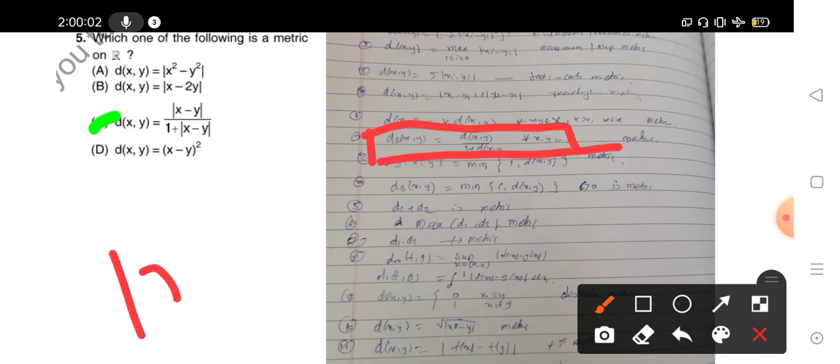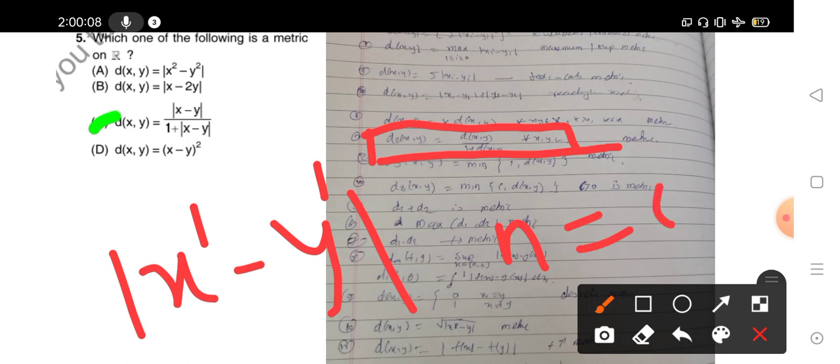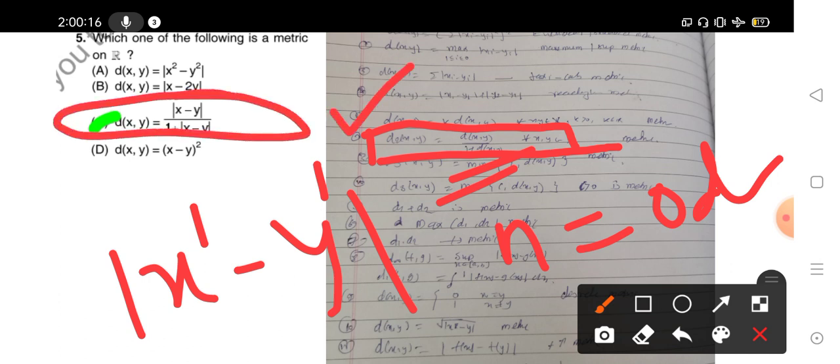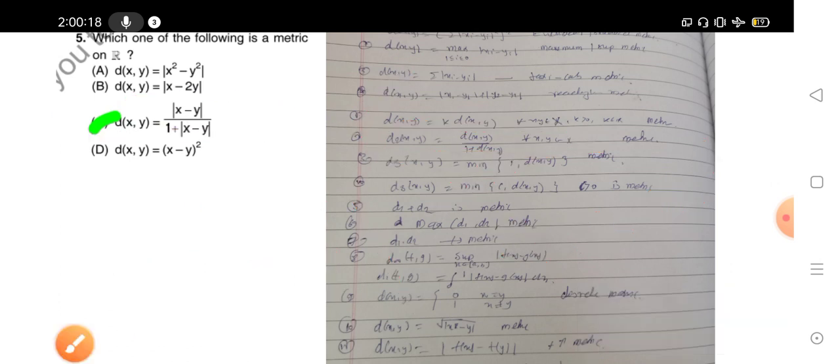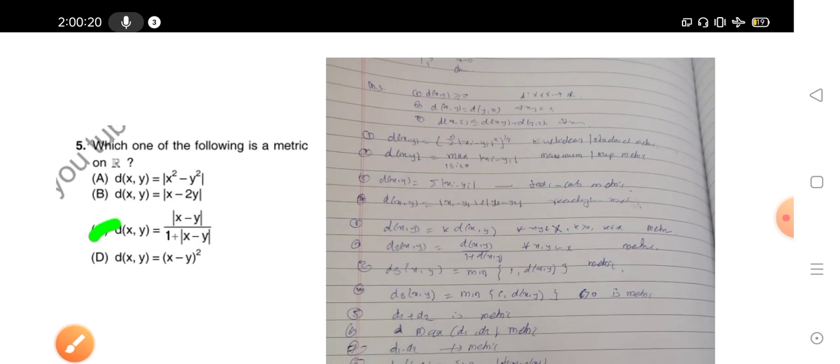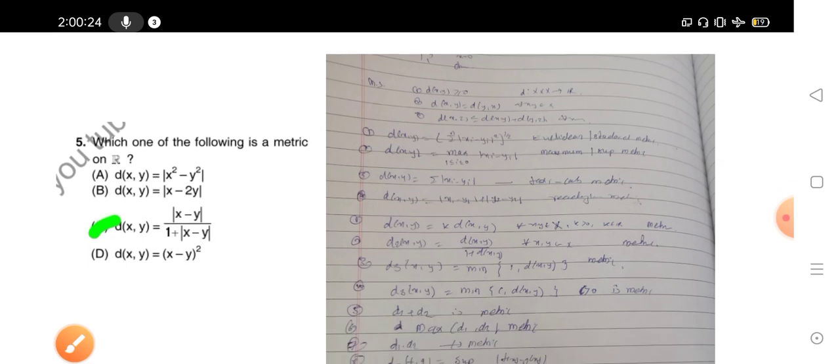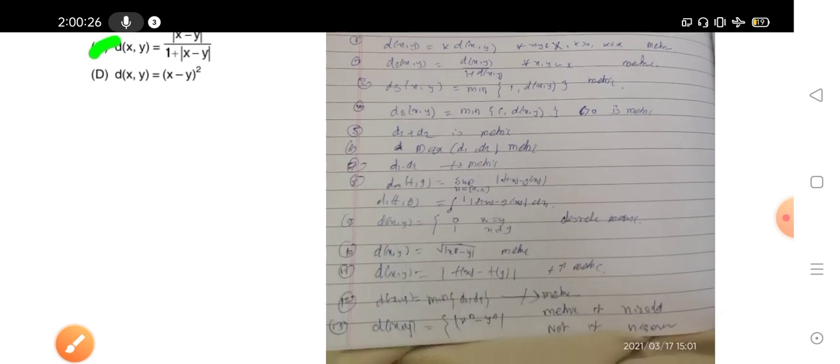Here mod of x minus y, n is 1, odd, this is a metric, so d of xy upon 1 plus d of xy, option C, is a metric. This is an important result for a metric.